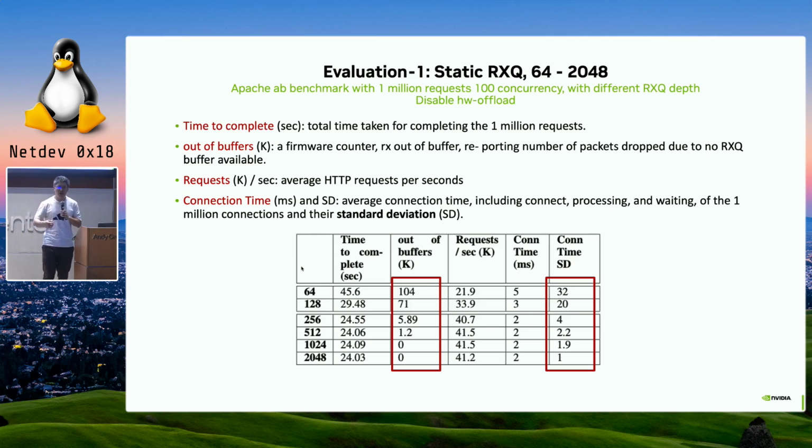When you have a 1K or 2K buffer, we have 0 out of buffer. The requests per second is similar, and the connection time is similar after 256. The connection time standard deviation differs, I guess because packets are being dropped more, so the jitter is higher.